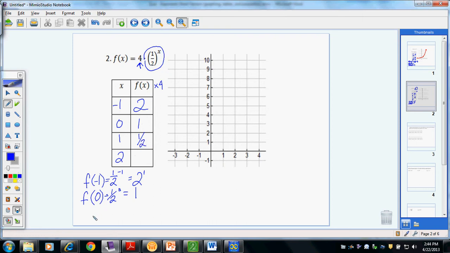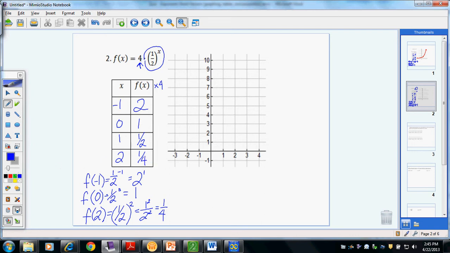1/2 to the second power. So when we replace x with 2, we have 1/2 squared. Now again, remember, we are squaring both the numerator and the denominator. That's 1 squared over 2 squared, which equals 1 over 4.